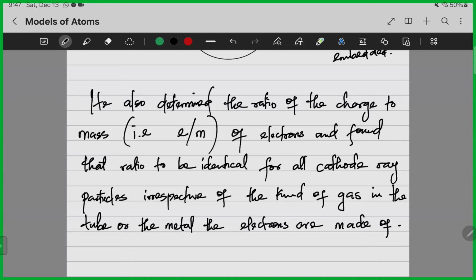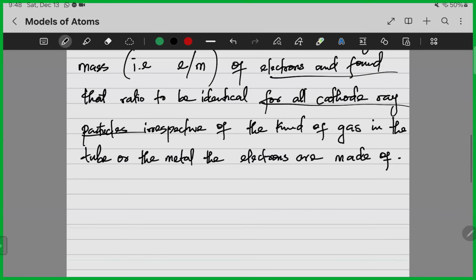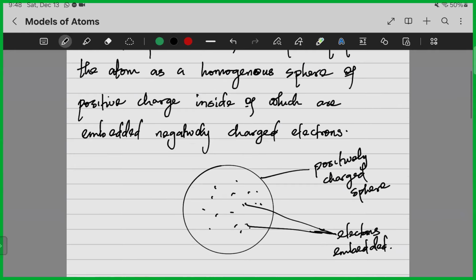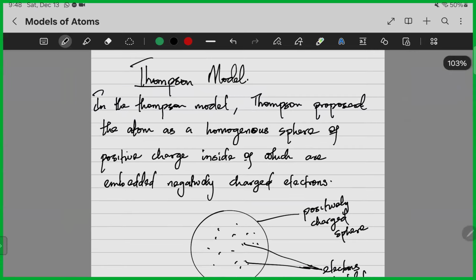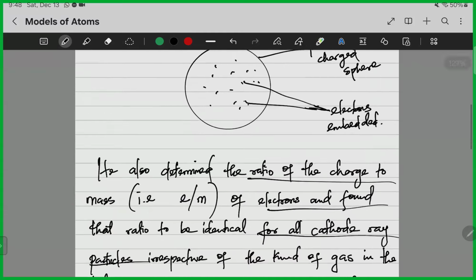So you see that he determined the ratio of charge to mass of electrons and found that ratio identical for all cathode ray particles, irrespective of the kind of gas in the tube or the metal the electrons are made of. So please take note of that solid point. That's a summary of the Thomson model.